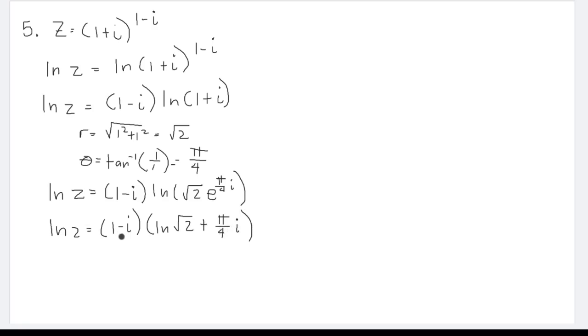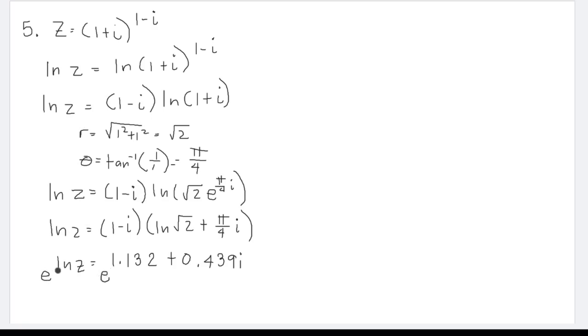Now we will multiply these two using FOIL, and if we multiply these two values, that is equivalent to 1.132 plus 0.439i. Then again, like example number 3, we raise e exponential to both sides.